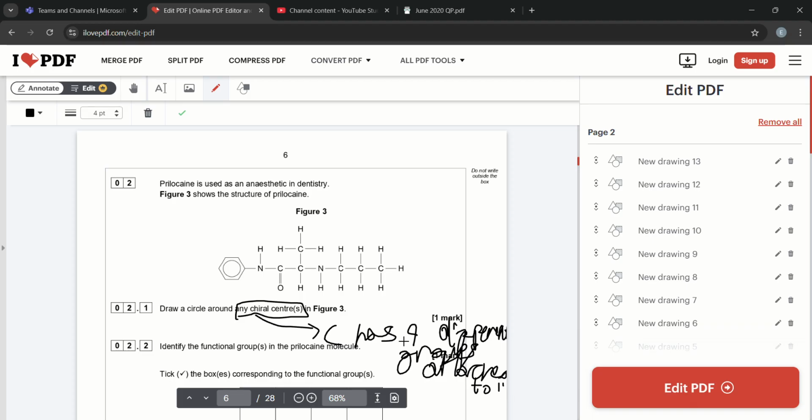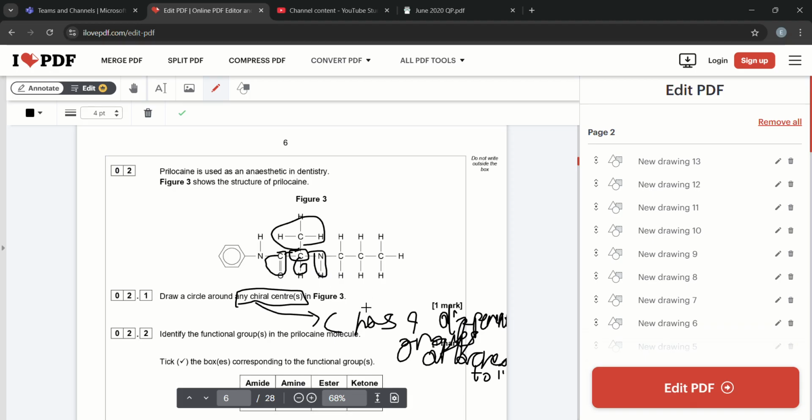So in this case, it's going to be this carbon, because this carbon has this C double bond O. It has a CH3 attached to it. It has a NH and it has a hydrogen. So that's four different groups. CH3, C double bond O, a H, and an NH are all different groups. So yeah, it has four different groups attached to it.